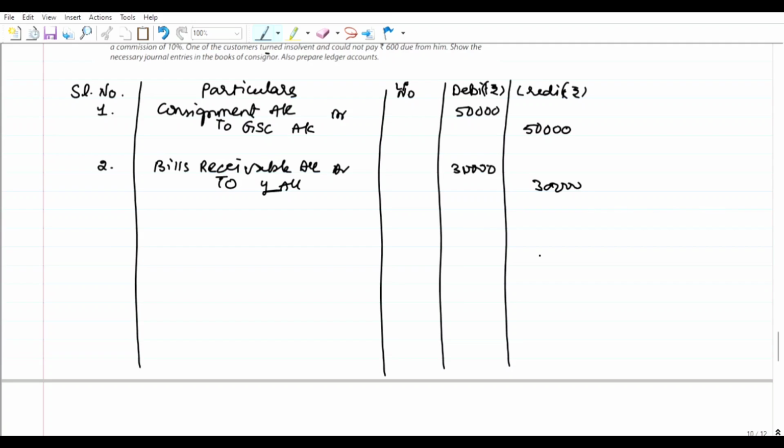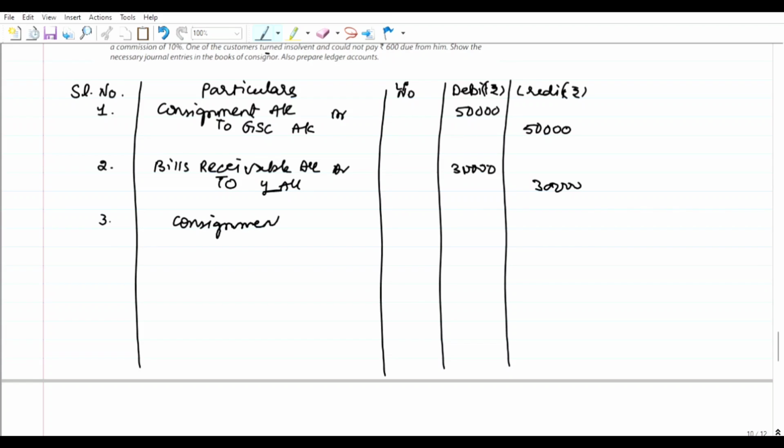Next entry is for expenses incurred by consignor. So for the third entry, for expenses incurred, we write the entry as cash or consignment account. Expenses are always debited to consignment account, right?